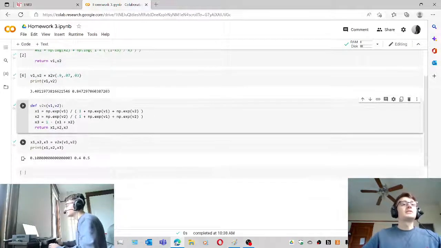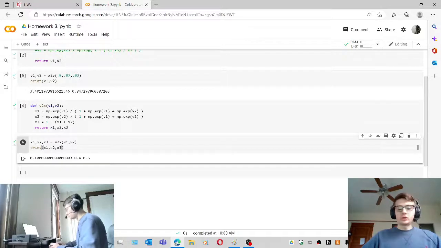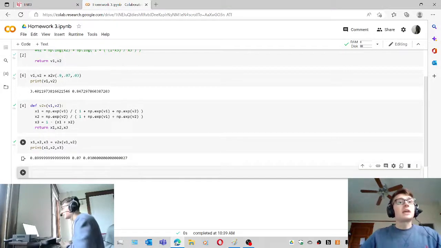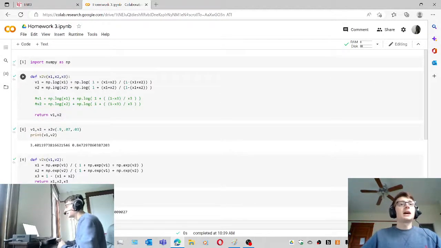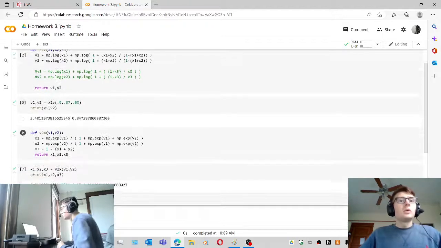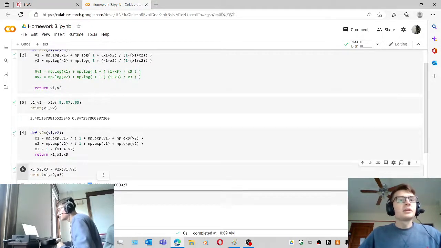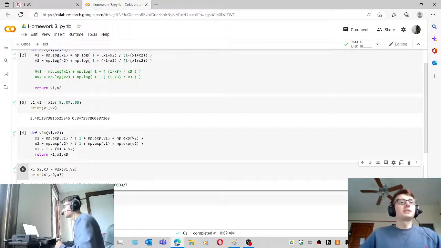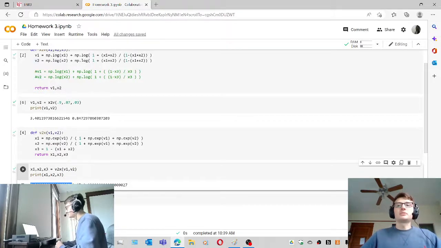This time they're both positive. But I can plug those back in, and I will get pretty much exactly what I put in there initially. There is some small error, like to the negative 12th or something like that, but it is pretty much what I put in there. So that all looks pretty much correct.